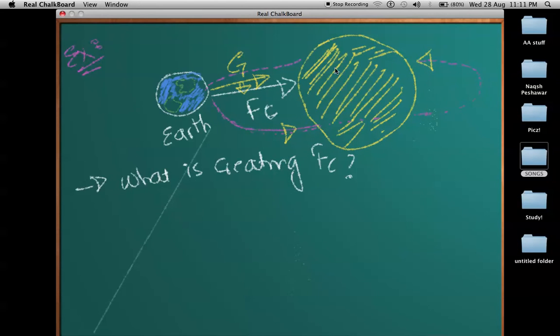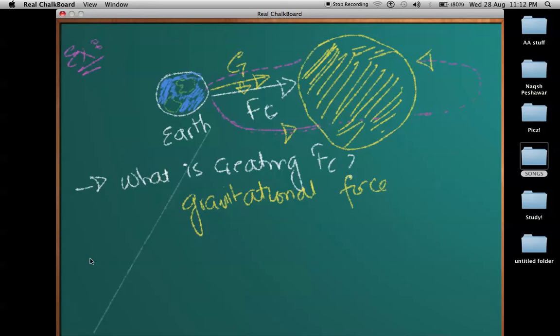So in this case, it is the gravitational force that is creating the centripetal force. You can always see that there is something that changes itself and forms the centripetal force, which allows the object to move around in a circle.